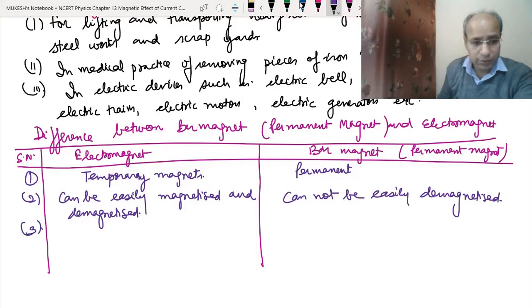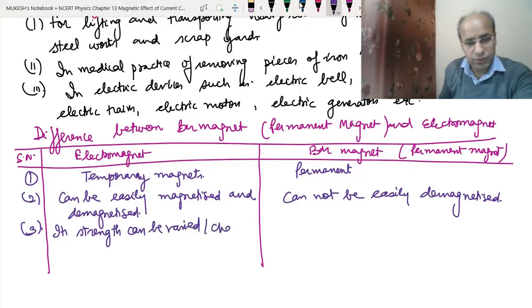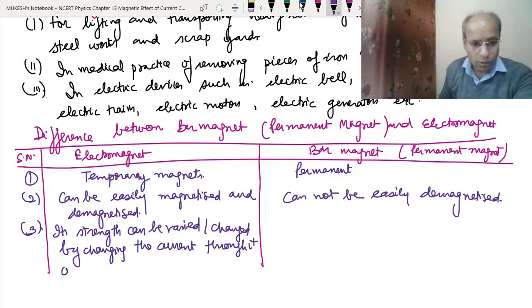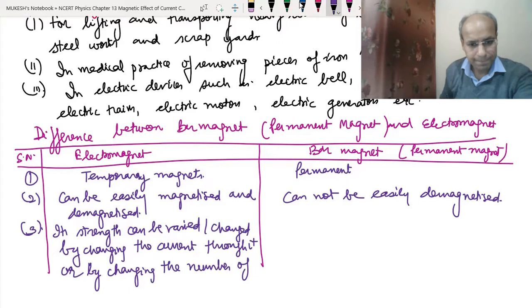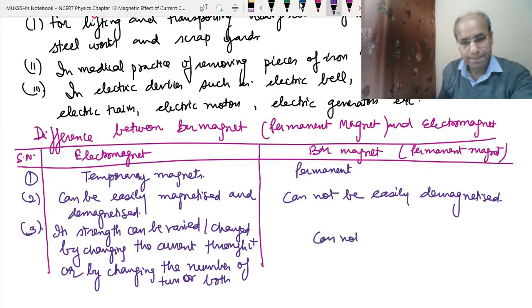The third point is its strength can be varied or changed by changing the current through it, or by changing the number of turns, or both. But here it cannot be changed.